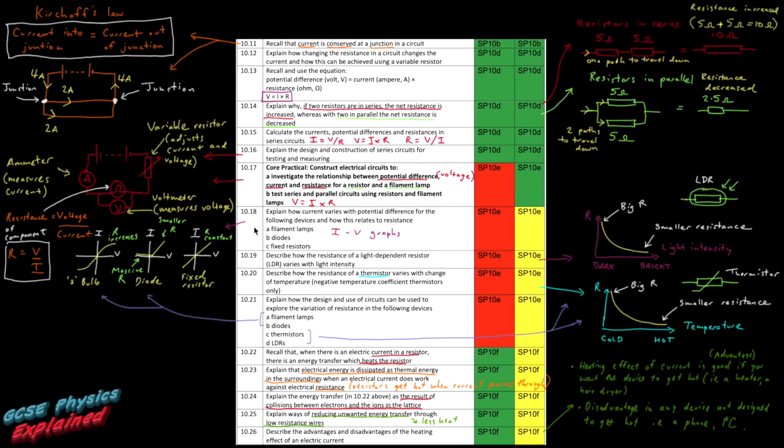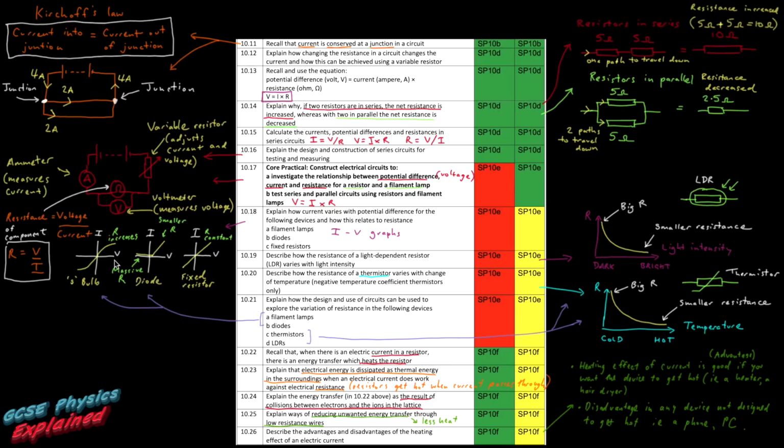In 10.18, it's asking you about those graphs. So you've got to explain how current varies with potential difference for the following devices and how this relates to resistance. So for a filament lamp, a diode and a fixed resistor. So the IV graphs, the current voltage graph, current goes up the side, voltage goes along the bottom, and you'll notice I've done positive currents going down to 0 and then negative currents.